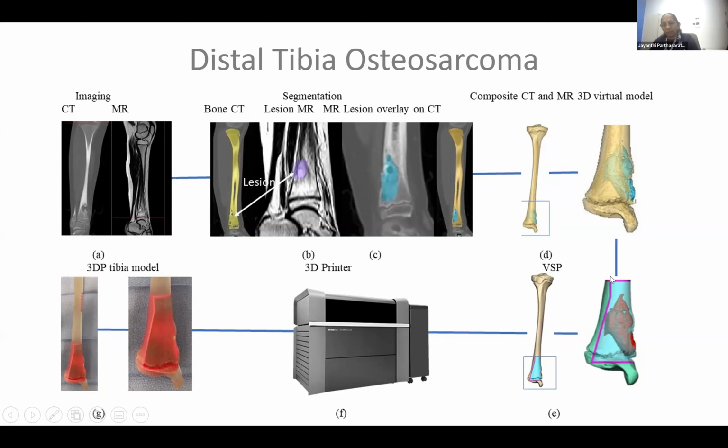And so we are able to give him a good clearance and a nice cutting plane. And we printed the model on the Stratasys, our PolyJet printer, which is really amazing.